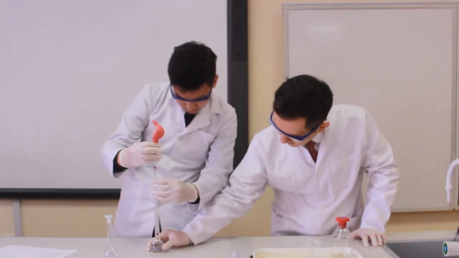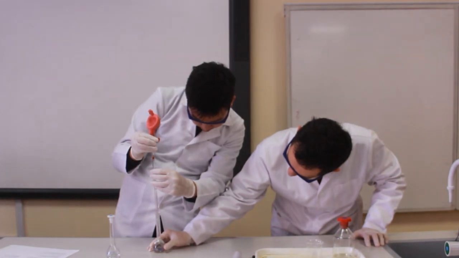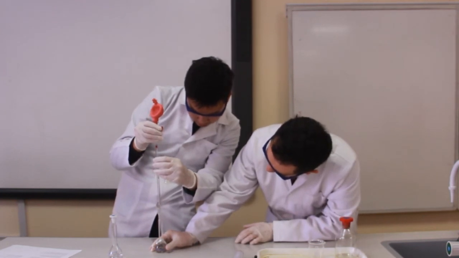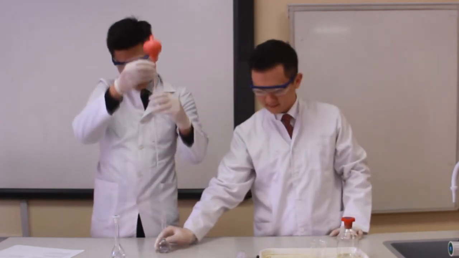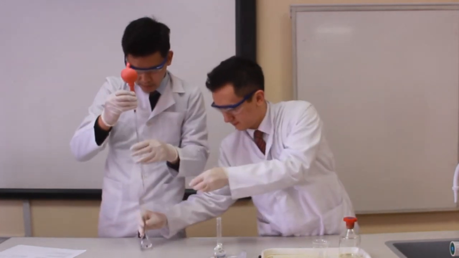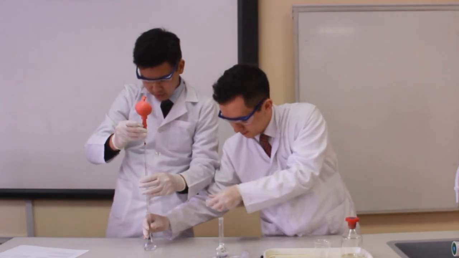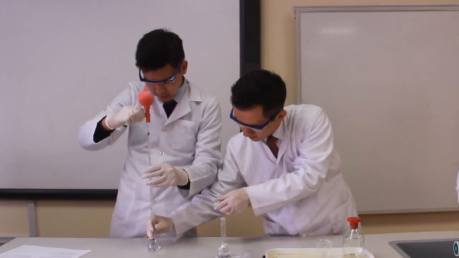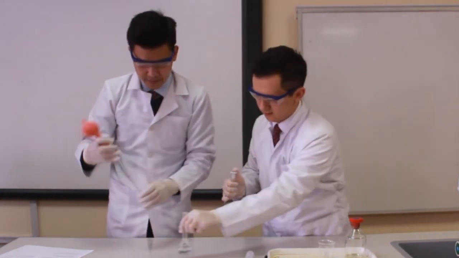We're taking exactly 2 centimeter cube of our catalyst, and we're pushing this button, and then we're placing exactly 2 centimeter cube of our catalyst into our boiling tube to change the rate of this reaction, as we mentioned in our introduction. As you can see, the pipette is empty.